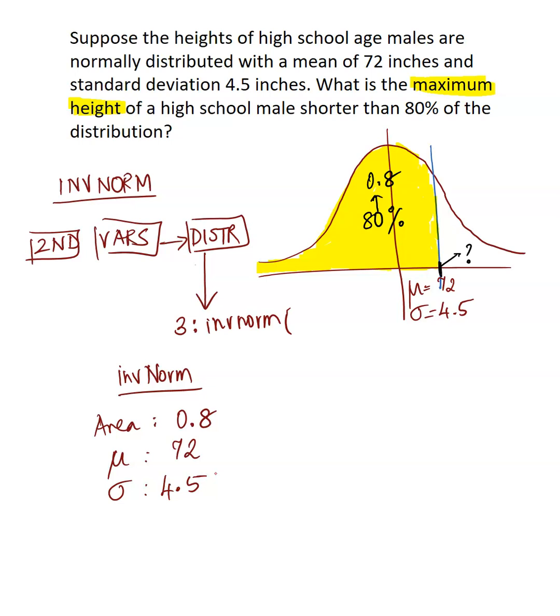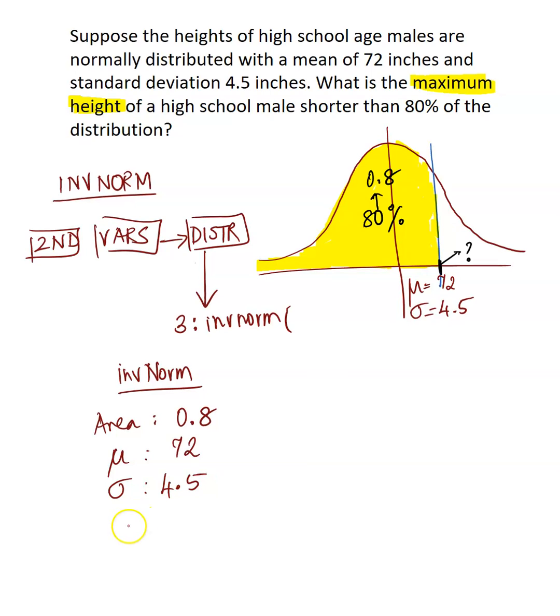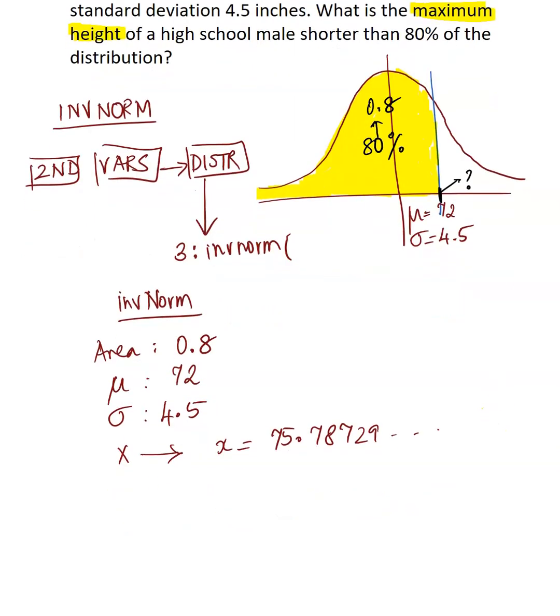Hit enter, and that gives you basically your x value, right? It doesn't say x equals, but we know that we are trying to find the x value. So x equals 75.78729, etc. But remember, these are inches. They've rounded it to only one decimal place here, so I will say x is 75.8.